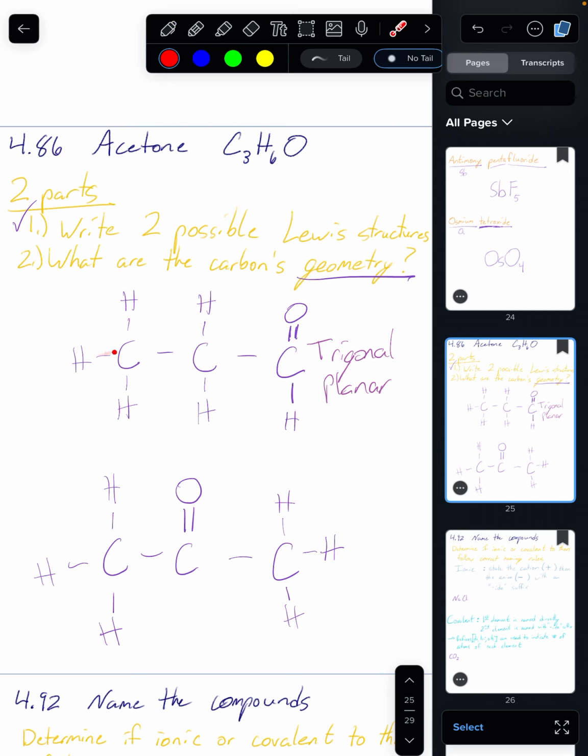And over here, these ones are connected to 1, 2, 3, 4. 1, 2, 3, 4. So we know that is going to be tetrahedral.